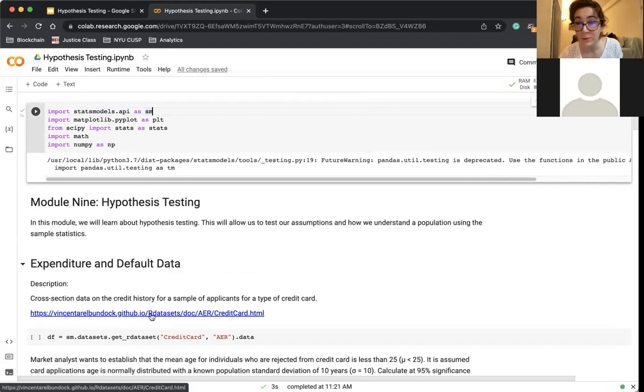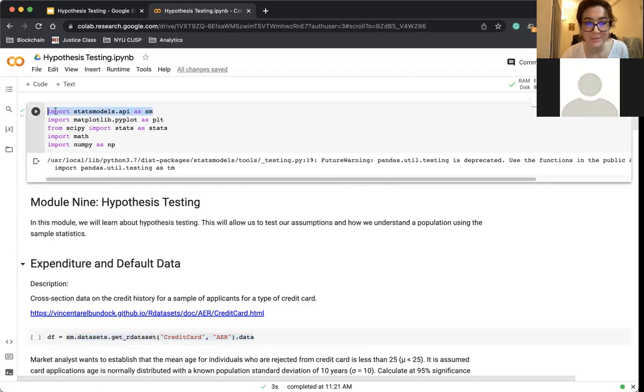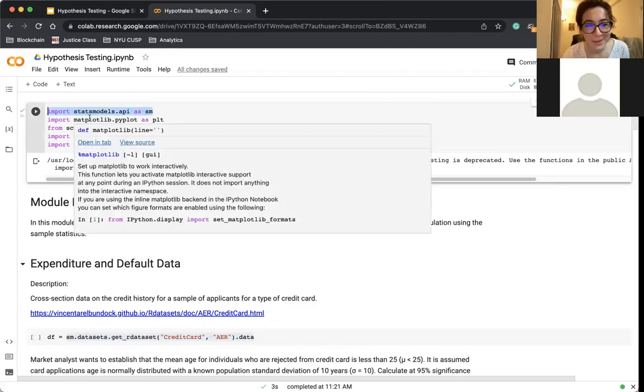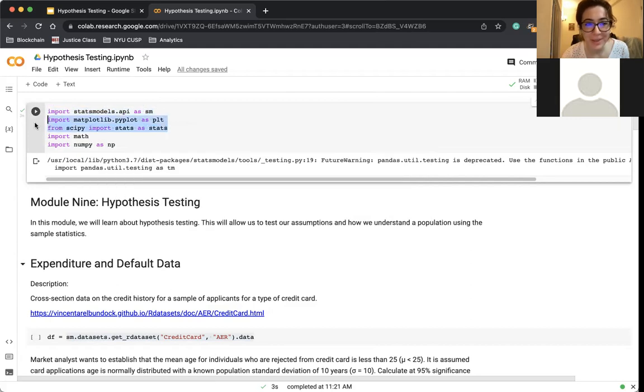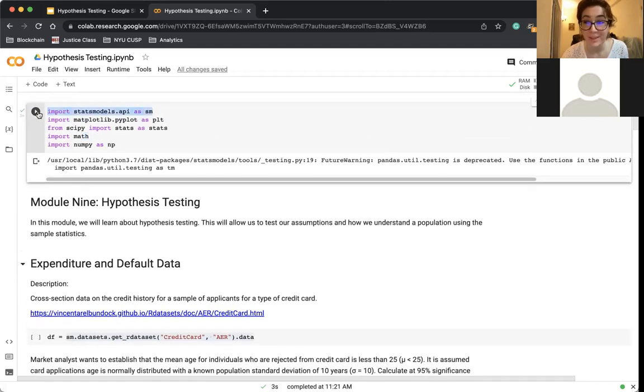They're the same ones if you've worked in RStudio. They have a lot of other data sets, but that is a resource. In order to get the data, you have to have the package here and import it. Some of these other ones we've already looked at for plotting and for doing any type of statistics work. I just wanted to repeat this because this is new from last time.